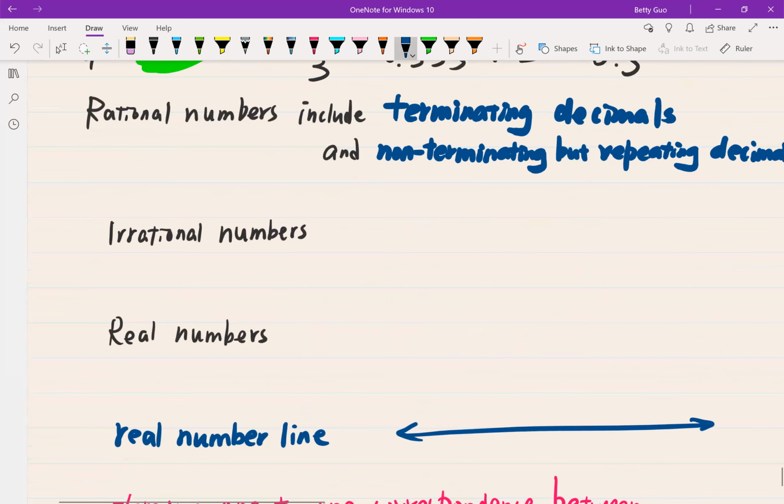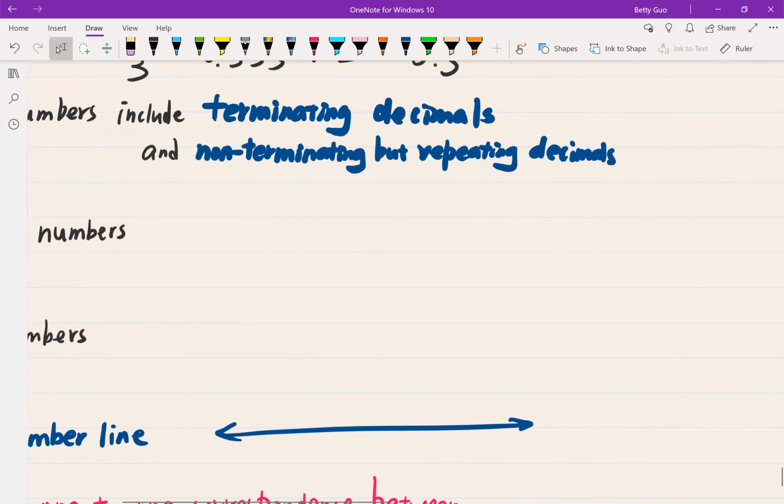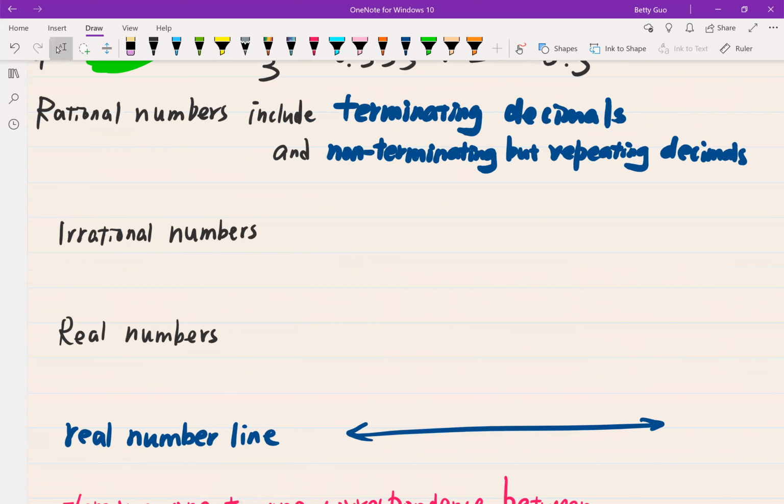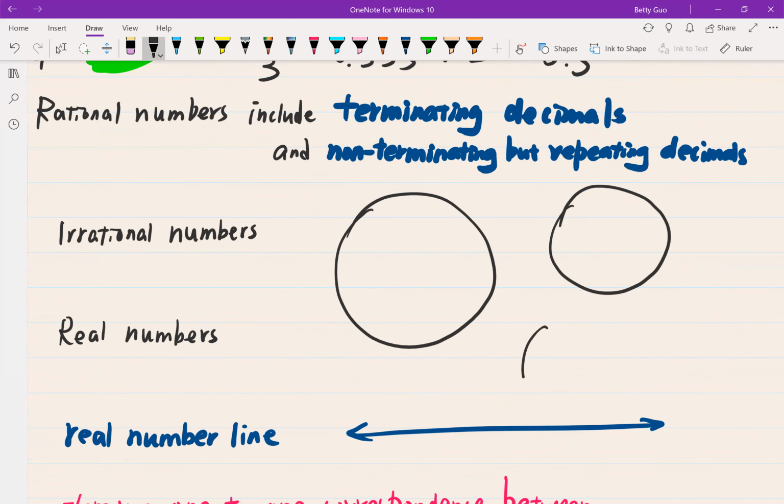At a certain point in the history of the development of the number system, our ancestors, those mathematicians, found a fact. For circles, it doesn't matter the size of the circle.